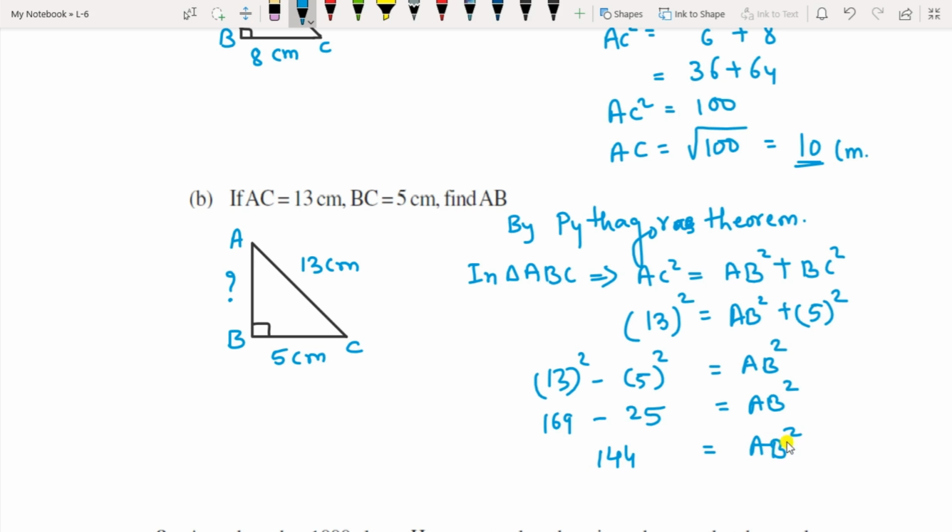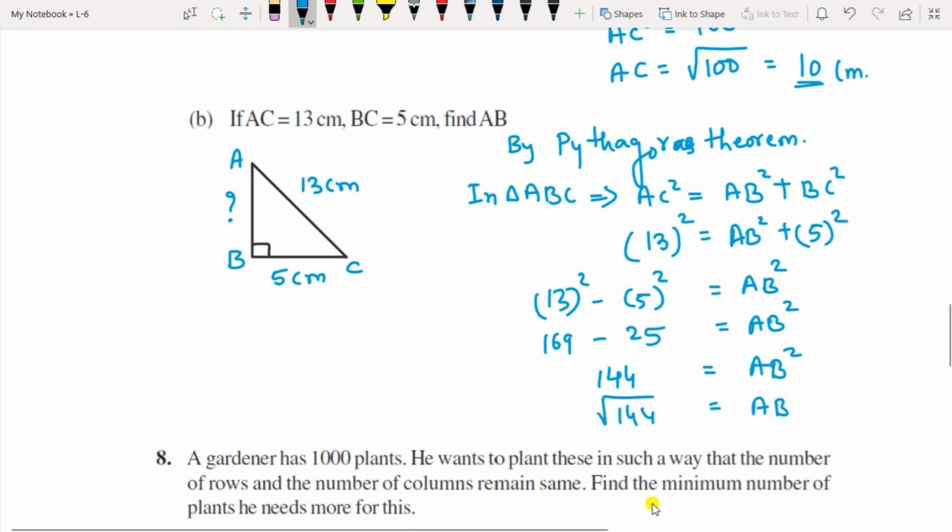Now you want the value of AB, so AB equal to under root of 144. Therefore AB equal to 12, that is 12 centimeter. This is the value of AB.